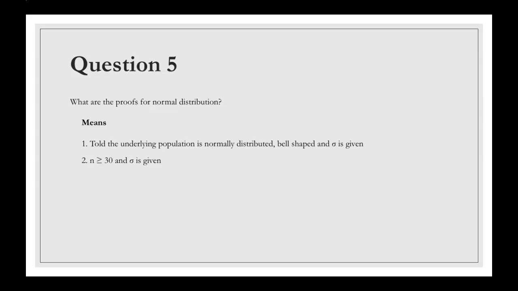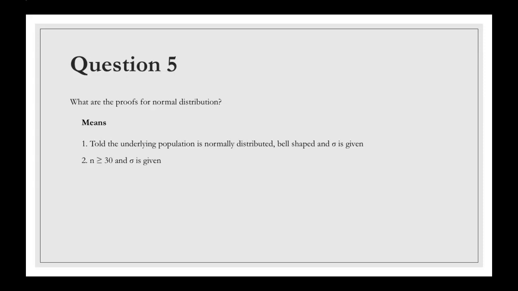Once again, it's sigma and not S. And n, little n, is your sample size. So if you take a sample of at least 30, and you know the population standard deviation, you can prove that your population is normally distributed. And again, if you prove that your population is normally distributed, that means that you are allowed to use a z-score.